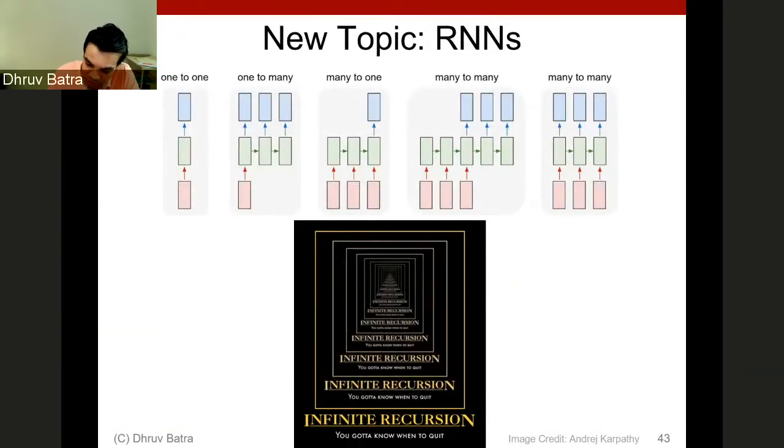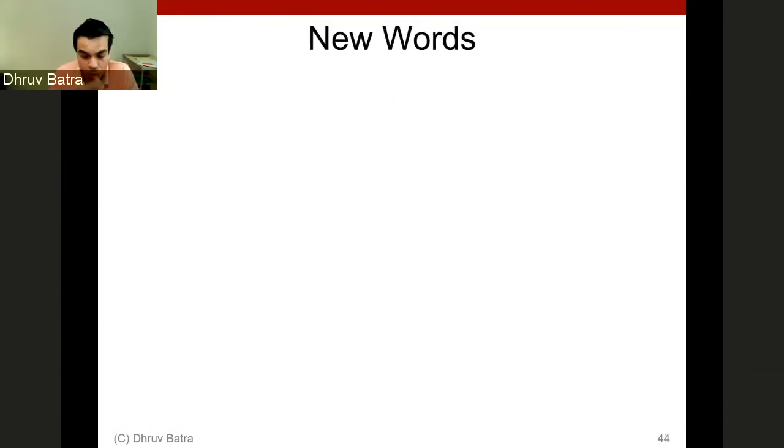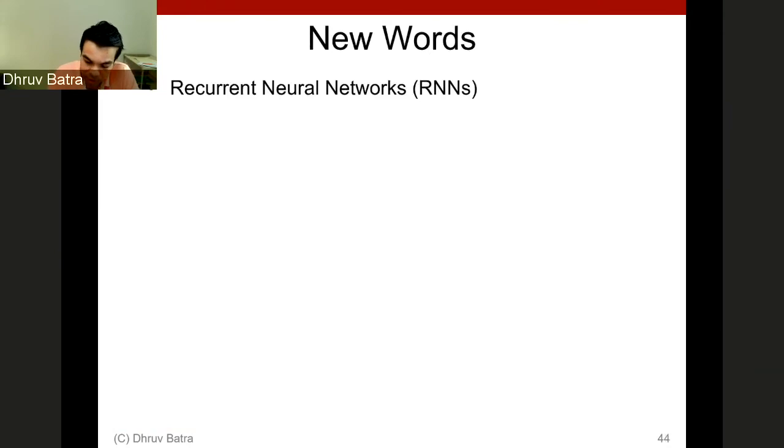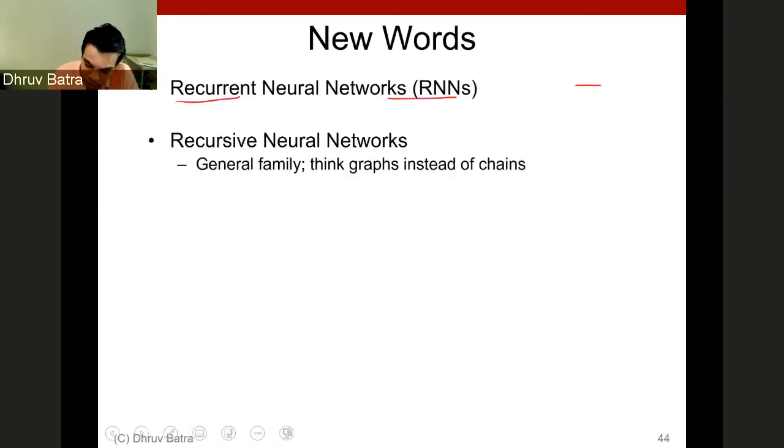So lots of different kinds of RNNs. Some new terms that you're going to hear from us are recurrent neural networks, or RNNs. You're also going to see in the literature a term called recursive neural networks, which unfortunately also have the same acronym, RNNs.